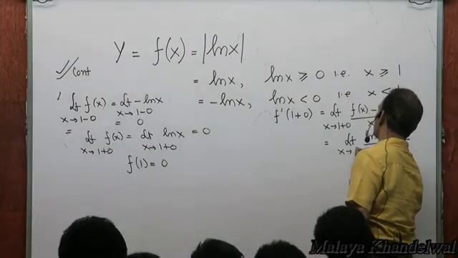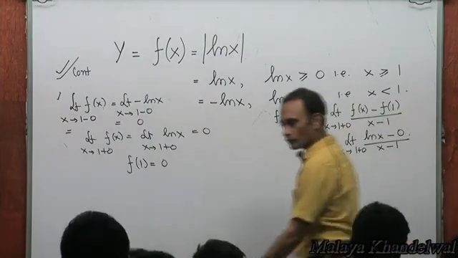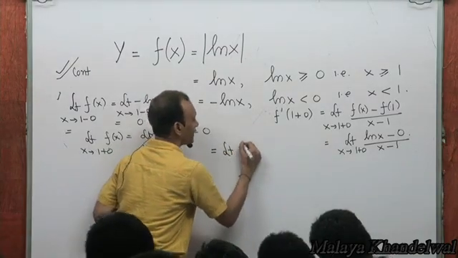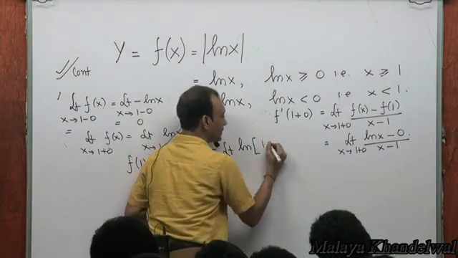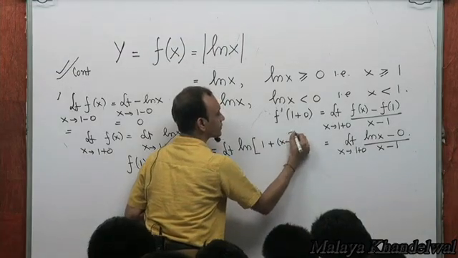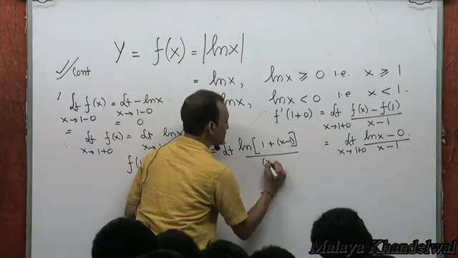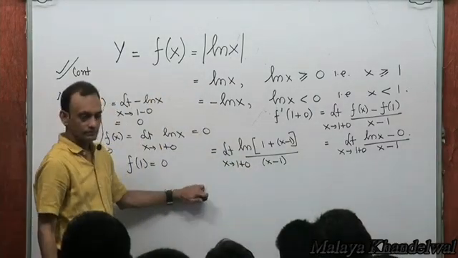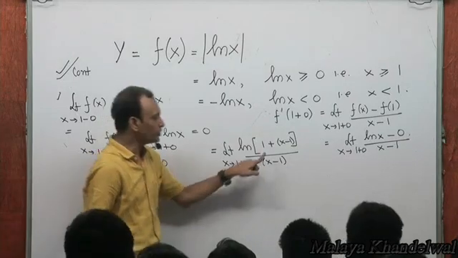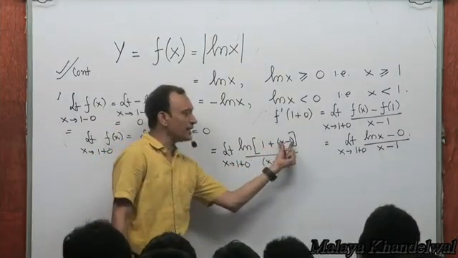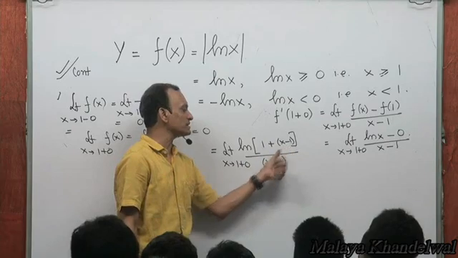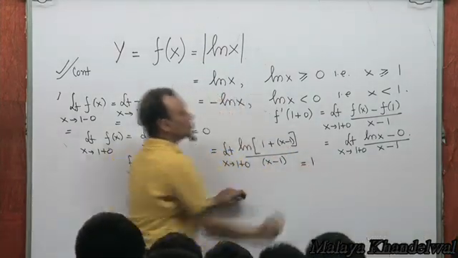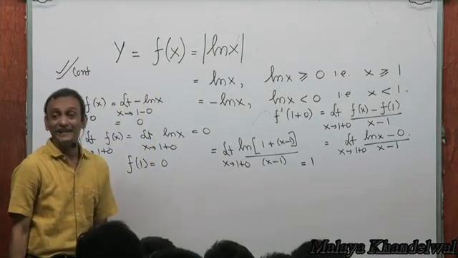Yes or no? This limit is like limit ln 1 plus x minus 1 by x minus 1 as x tends to 1 from the greater than 1 side. As x tends to 1, I hope you realize what I did here: x minus 1 tends to 0. So ln 1 plus something by something, as something tends to 0, is 1. So this is 1. So the right hand derivative, slope of the right hand tangent, is 1.